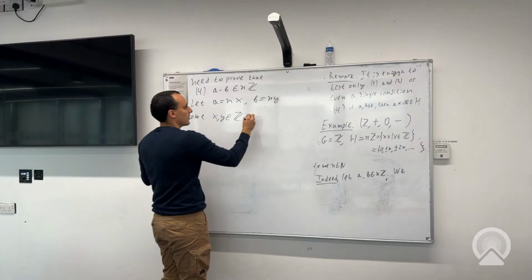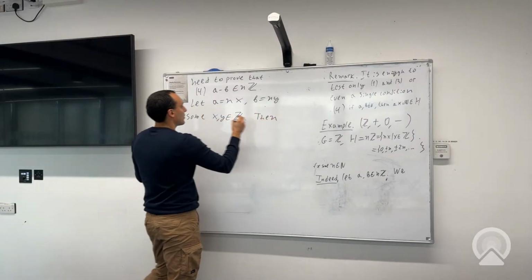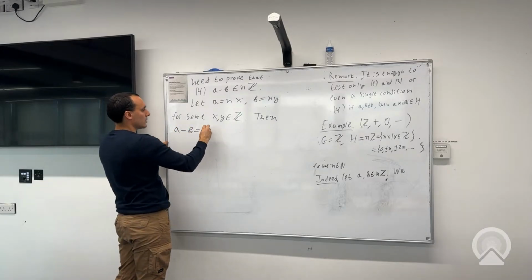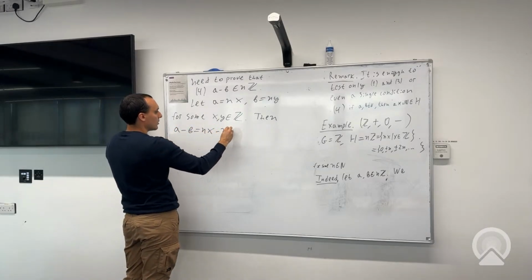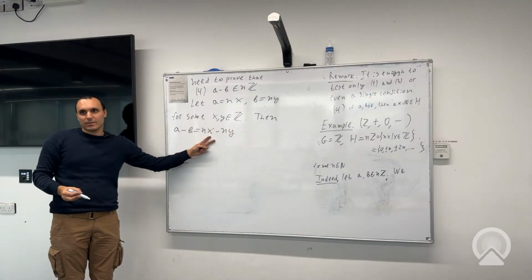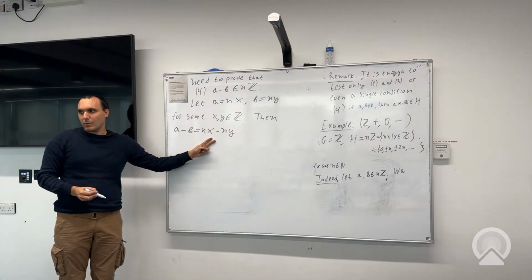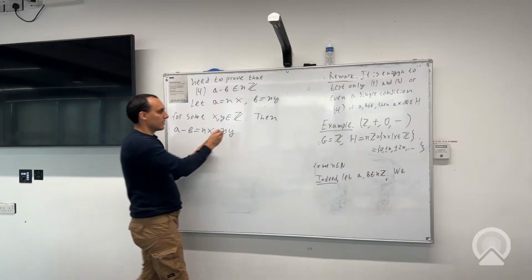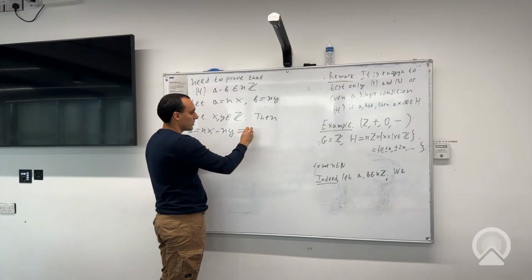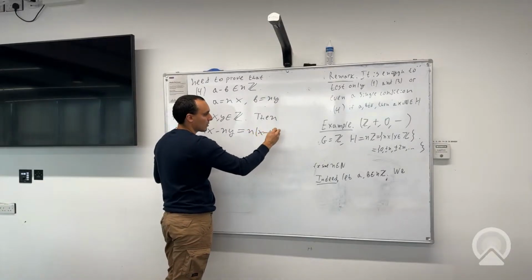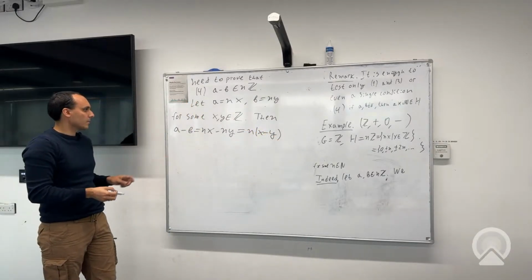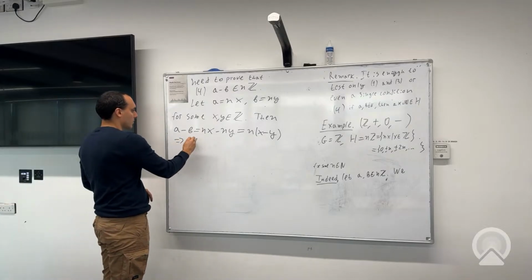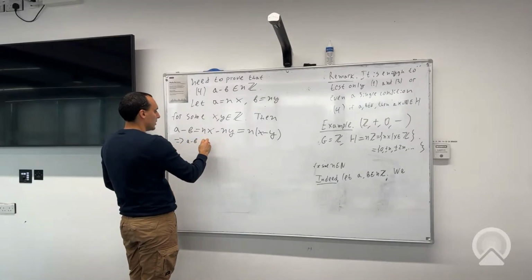Then a minus b is nx minus ny. What do I do with this? I use the distributive property. It's n times (x minus y). So it's divisible by n.